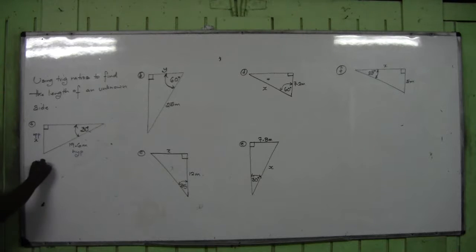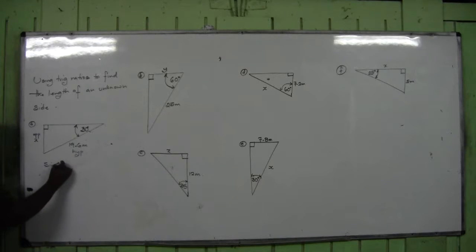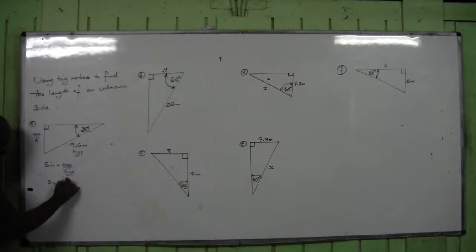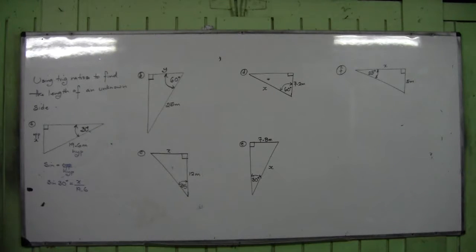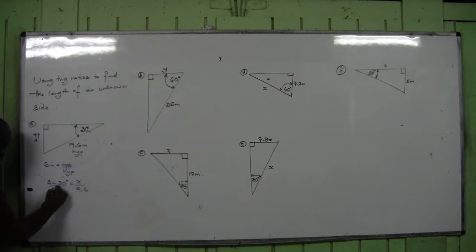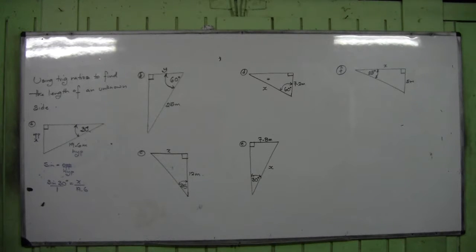So I'm going to say sine is equal to opposite over hypotenuse. Then I'm going to say the sine of 30 degrees is equal to opposite, x, over the hypotenuse, which is 19.6. Then I'm going to put this over 1. If I have one fraction equal to one fraction, what do I do?